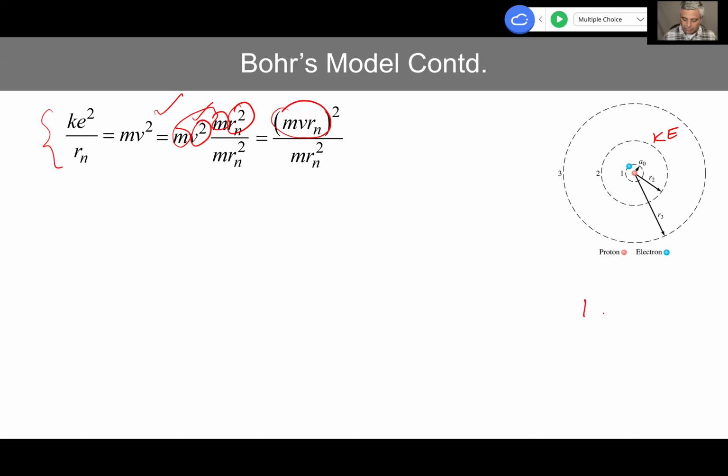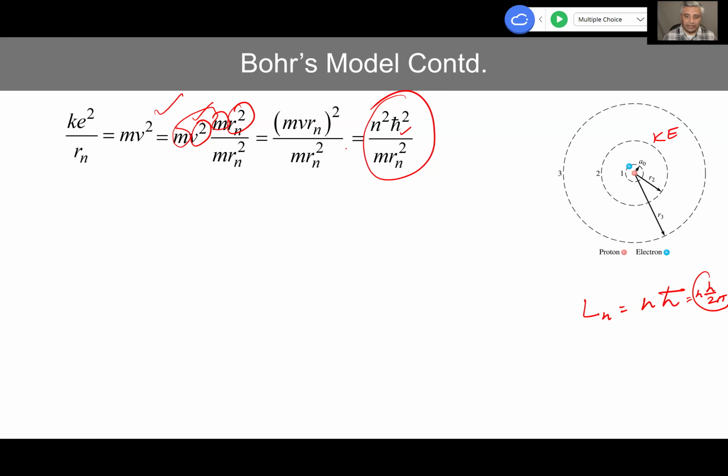And remember, the angular momentum was quantized as n h over 2 pi. So we can replace this with this one here, but this is being squared, so we're going to write something like this, h-bar squared. That way we can write kinetic energy and potential energy in terms of something like this.